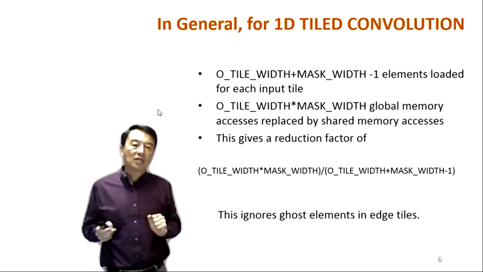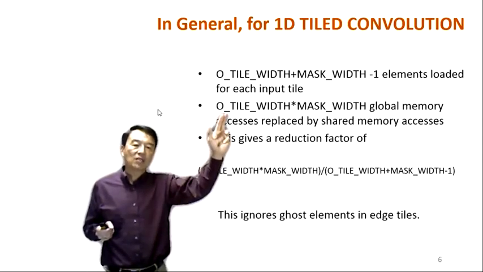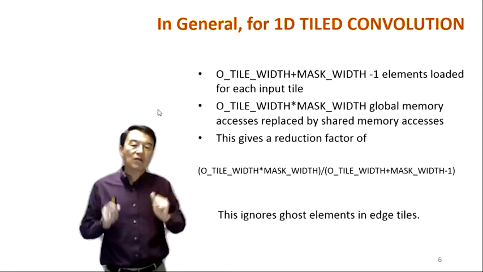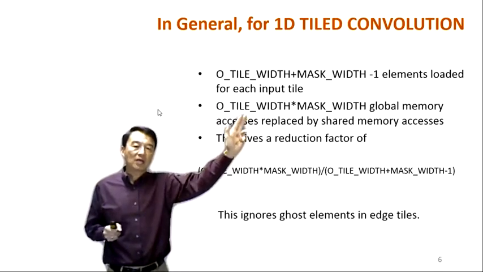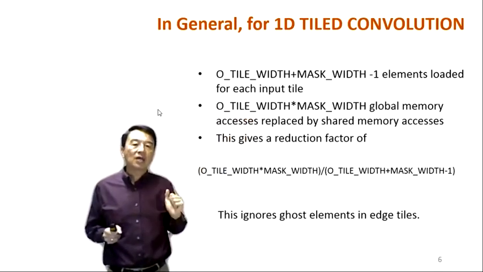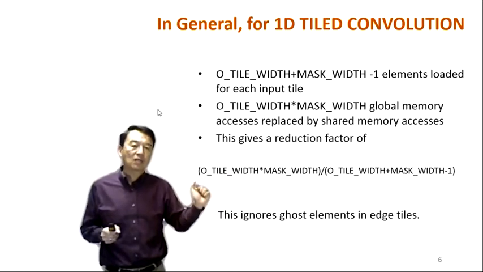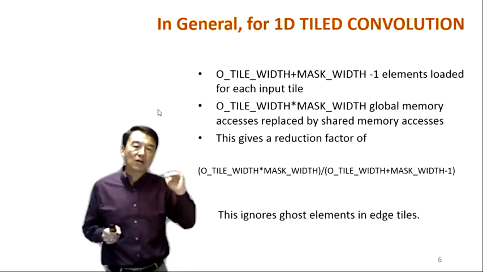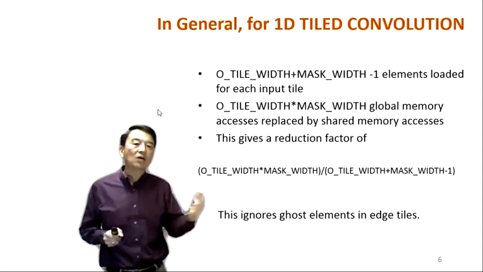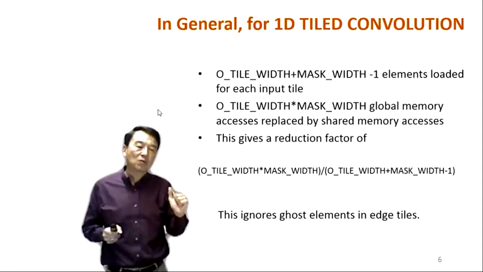And then the global memory accesses without the tiled algorithm will be the number of elements in the output tile, which is output tile width, times the mask width, because every output element is going to require a mask width number of input elements. So we can calculate the reduction of memory accesses as the total number of accesses without the tile algorithm, which is the output tile width times mask width, divided by the total number of memory accesses for loading the input tile, which is output tile width plus mask width minus 1.